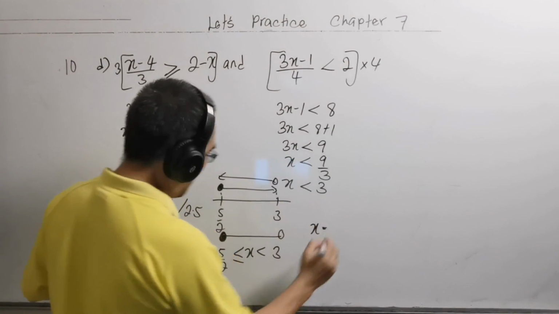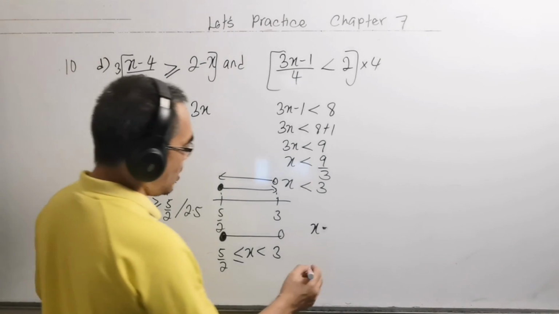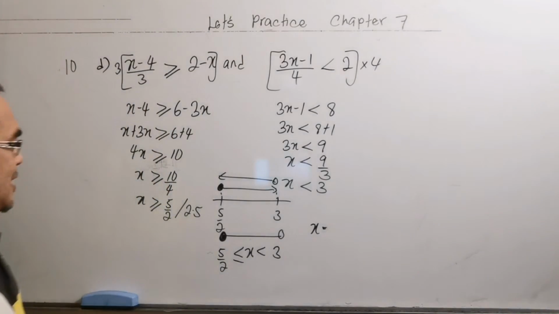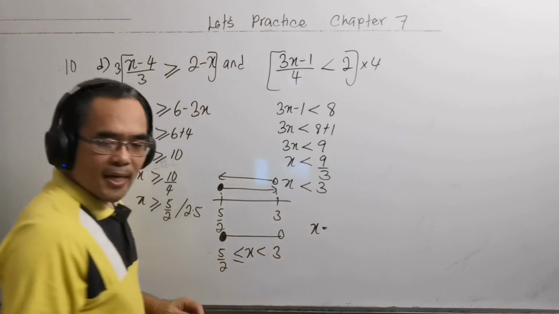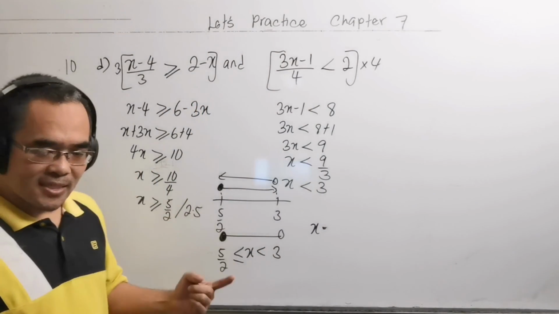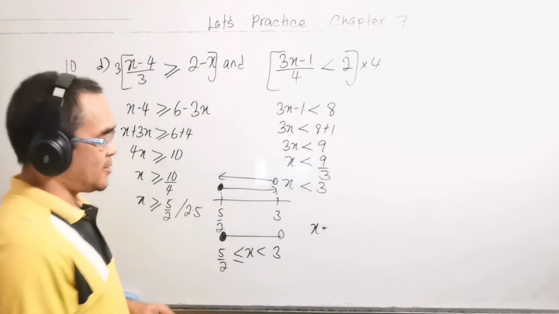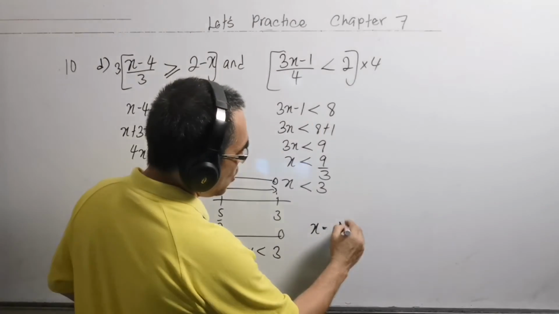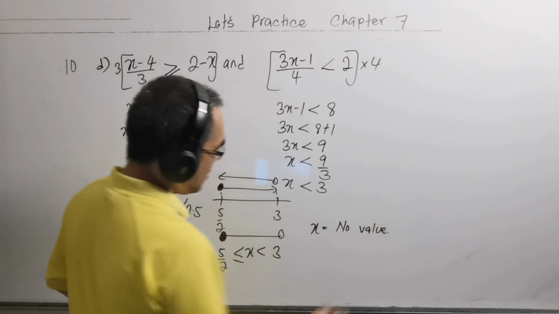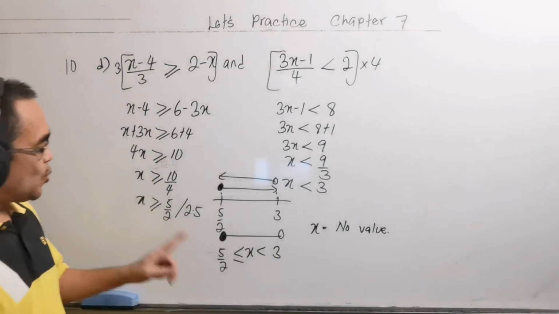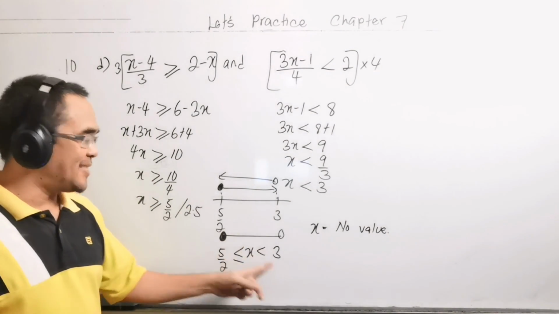So larger than 2.5 will be 3, but it has to be less than 3.